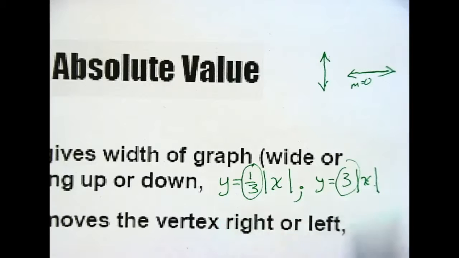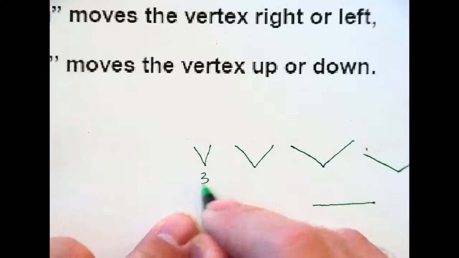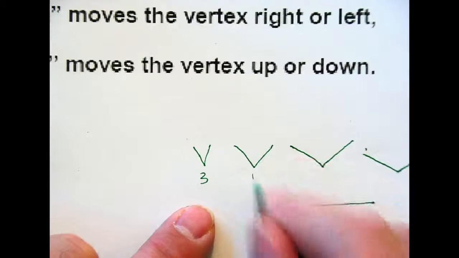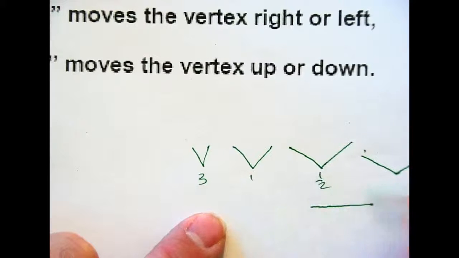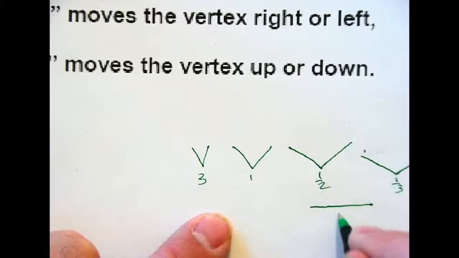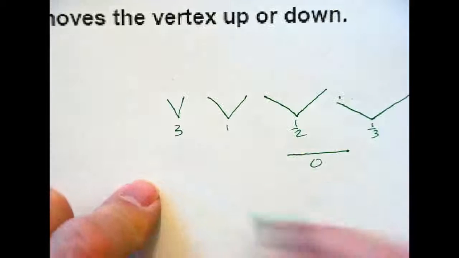And that happens in all your graphs. Eventually, let's say maybe this is 3, maybe this is 1, maybe this is 1/2, maybe this is 1/3. This is 0. What's going to happen when I get to negative 1/3?